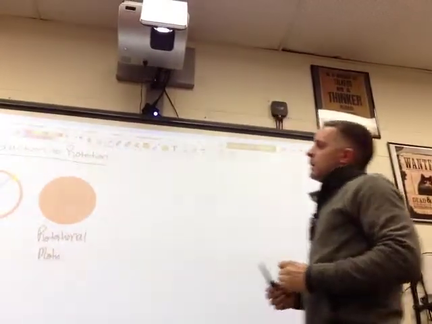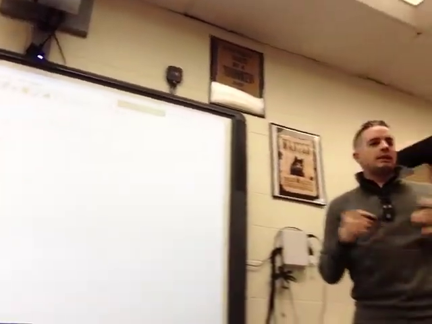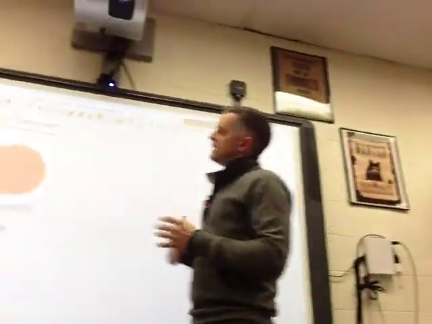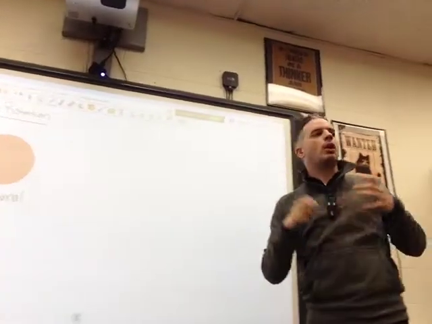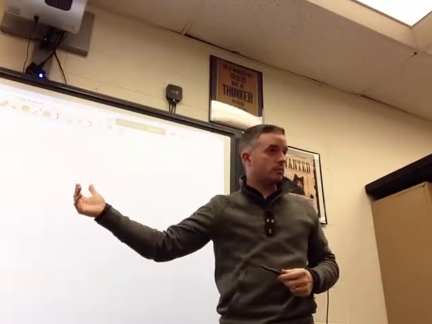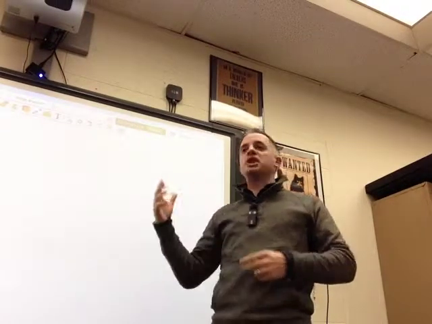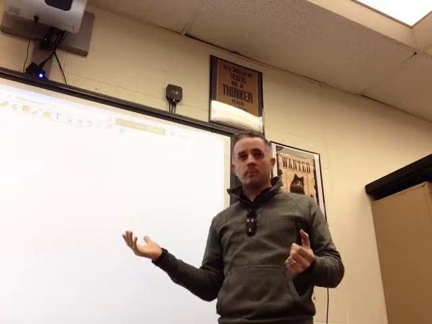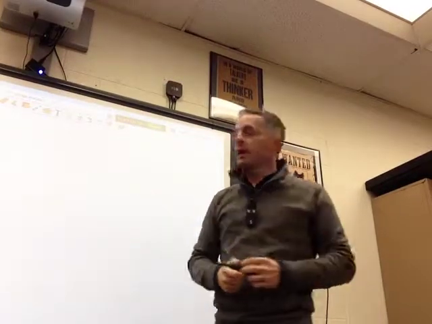That's the difference between circular motion and rotational motion. But the nice thing about rotational motion is that we already know everything that has to do with it. We just need to change our vocabulary a little bit. Does that make sense?